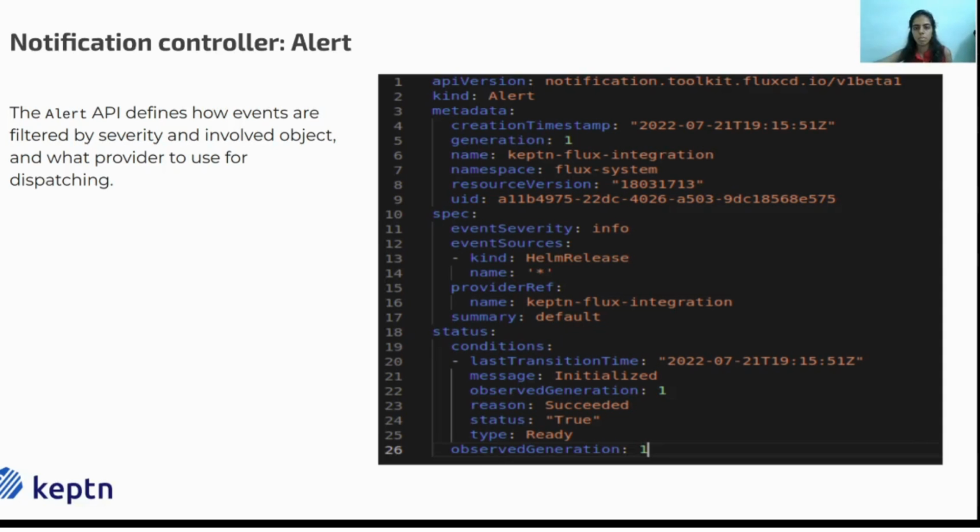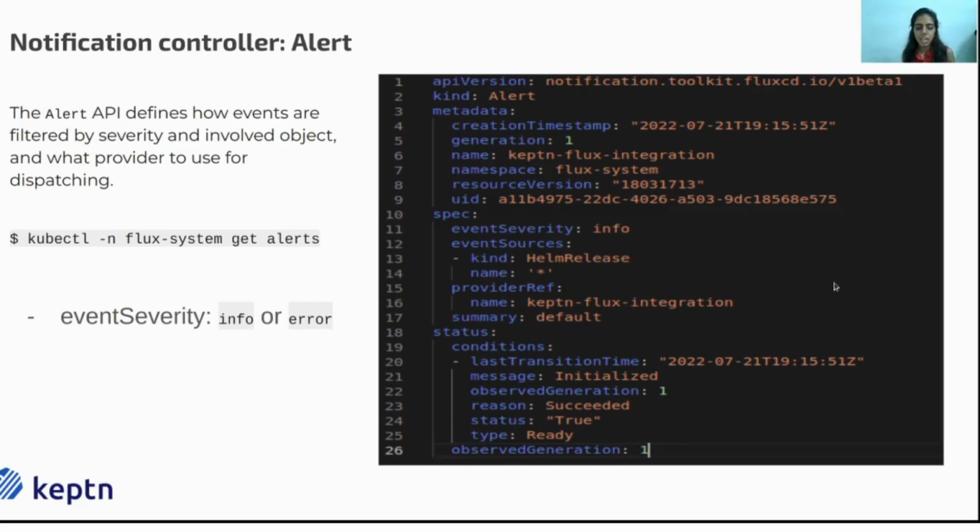So let's come over to the alert. The alert API says how events are filtered by severity and involved object, and what provider to use for dispatching, right? Here you can see we have given the provider reference.